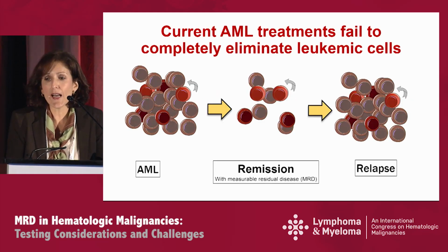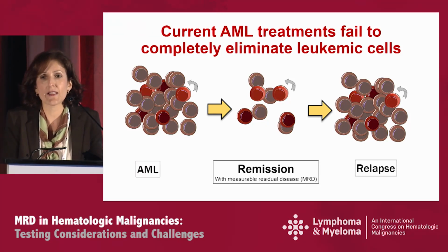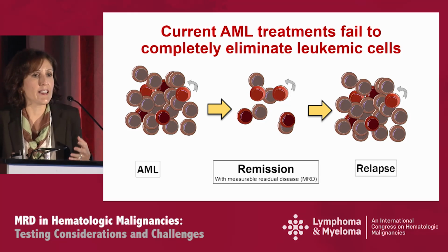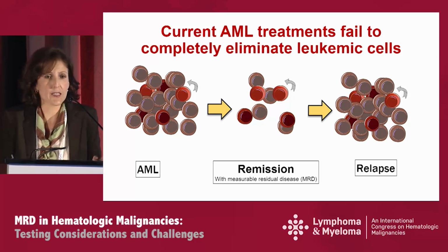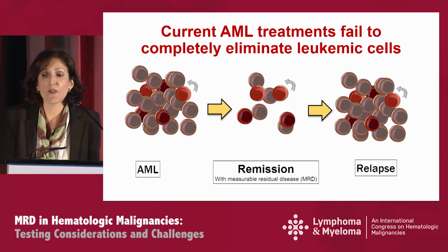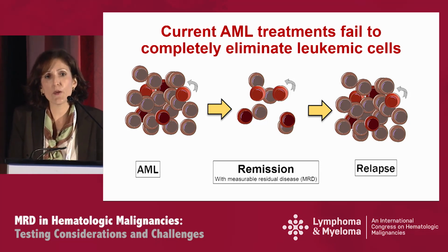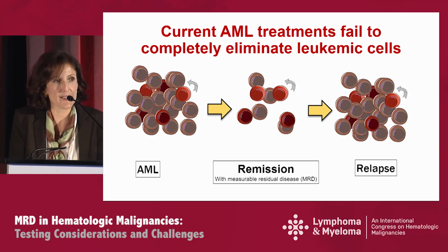In AML, what happens is that AML treatments are not eliminating all of the leukemia cells, whether they are leukemia-initiating cells or leukemia stem cells. When you look under the microscope and you see a bunch of blasts, they're not all the same. Remission is allowing restoration of normal blood counts, but the leftovers are important, and they eventually recapitulate disease.